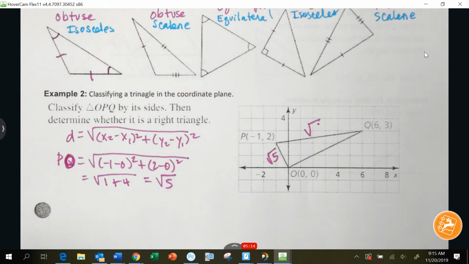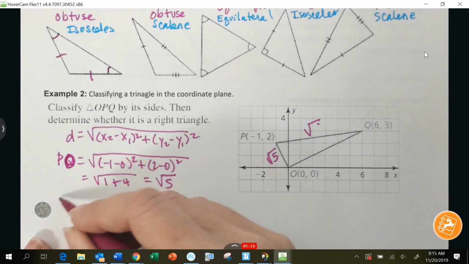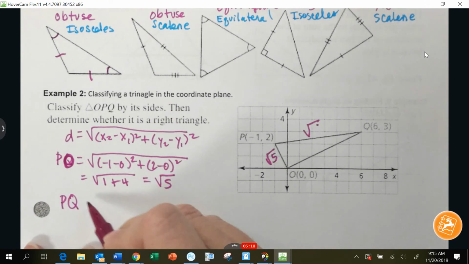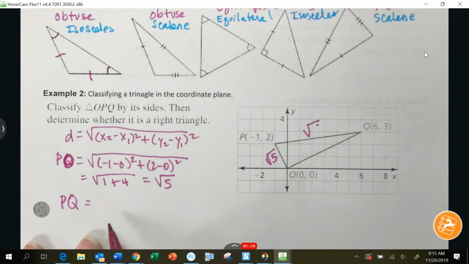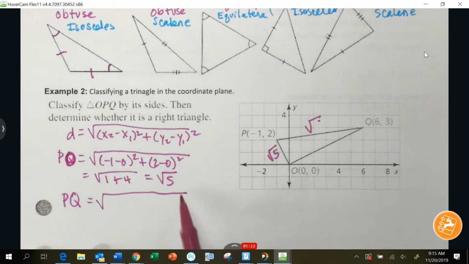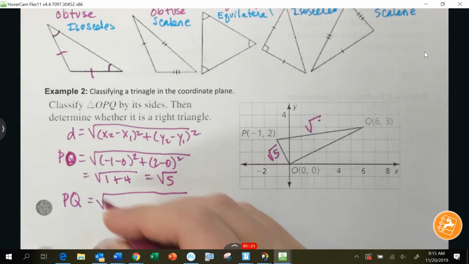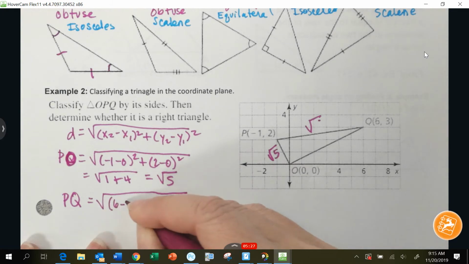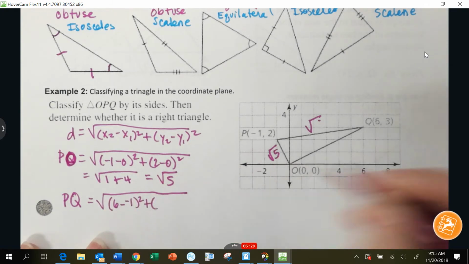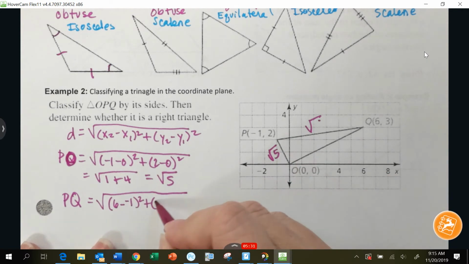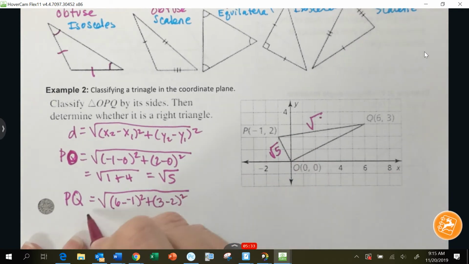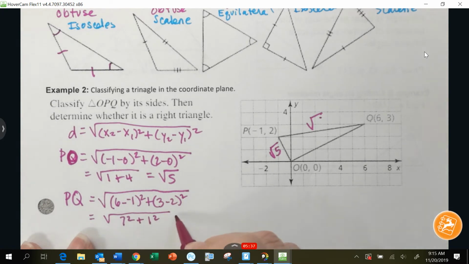So that's PO. Bless you, now let's do PQ. Did I confuse anybody with that one? Sorry. So we're going to do 6 minus -1 squared plus 3 minus 2 squared. So I have 7 squared plus 1 squared, which is 50.